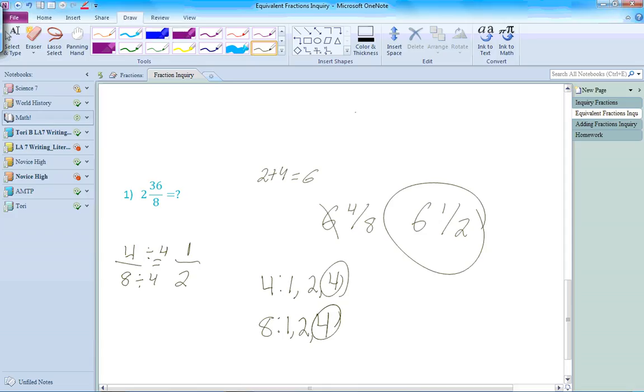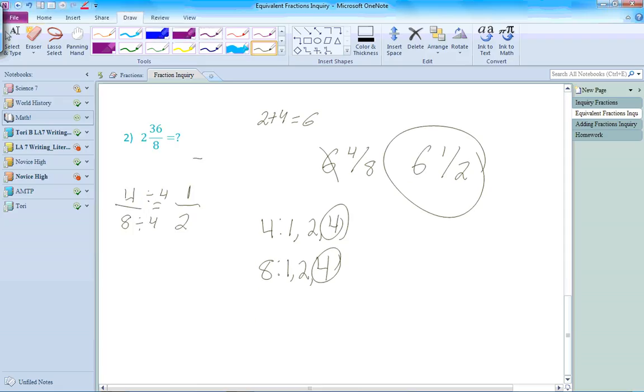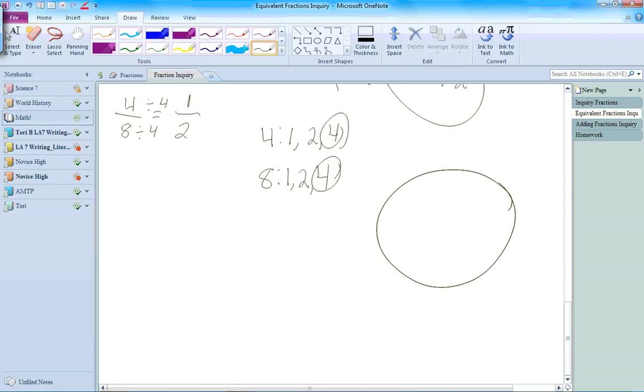And some of you might have been able to spot that right away, like me, because you found 6 and 4/8 equals 6 1/2. Because if you had, let's say, 4 slices of pizza out of 8.